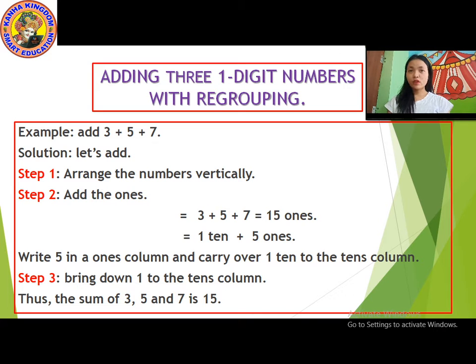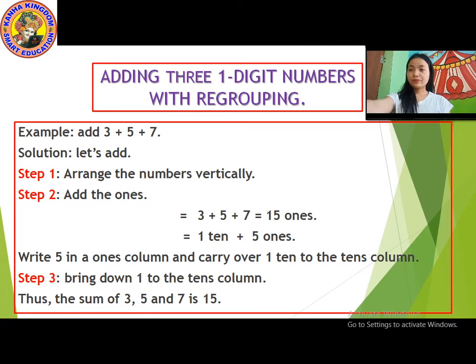So see, 15 ones. I already taught you that in a two-digit number, from the right side, the first digit counts as ones, and the second one as tens, right?